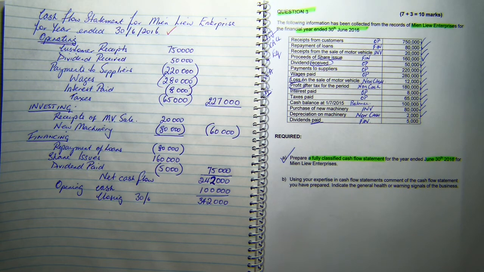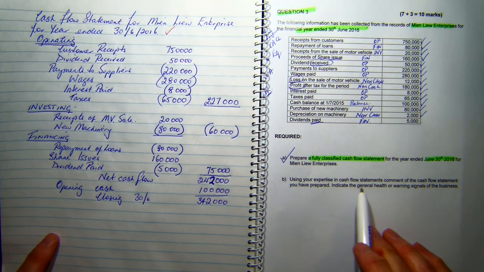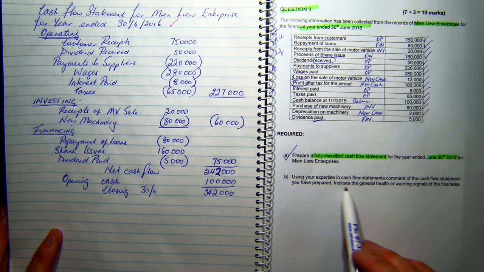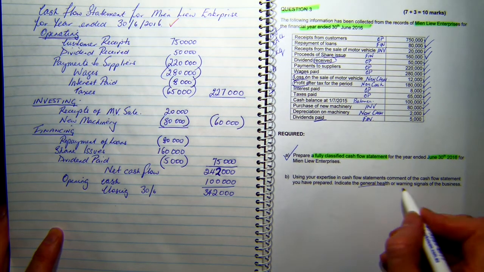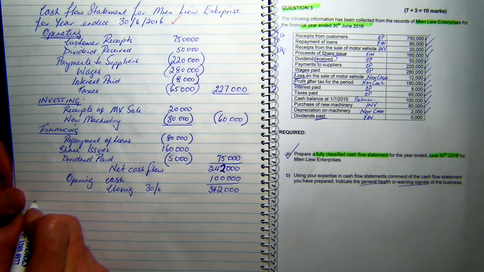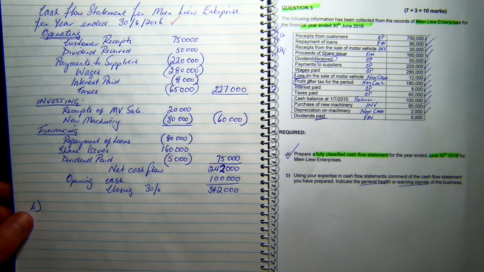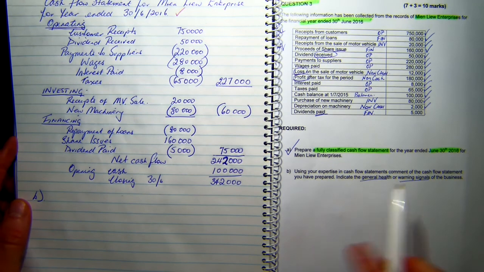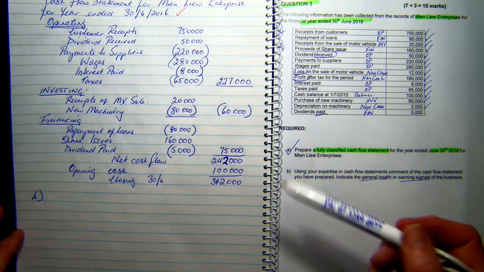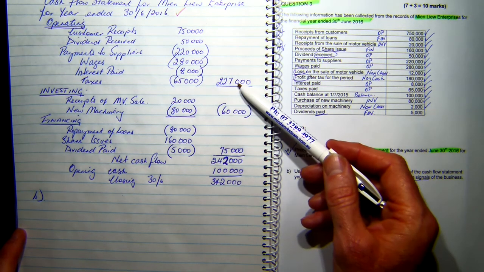Now the last thing that we want to do is, using your expertise on cash flows, comment on the cash flow statement you have prepared. Indicate the general health or the warning signals of the business. Okay, so let's look at B. Now, if we're looking at warning signals, and these are in your textbook, a warning signal would be a cash outflow for your operating activities.